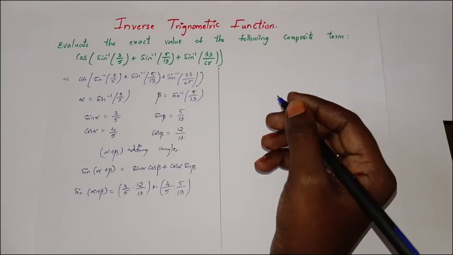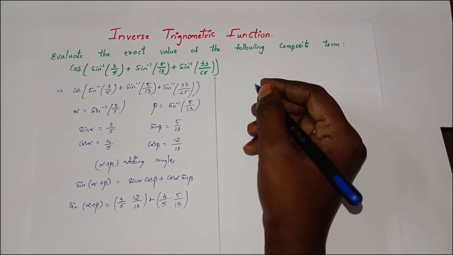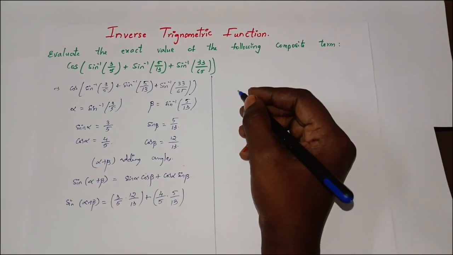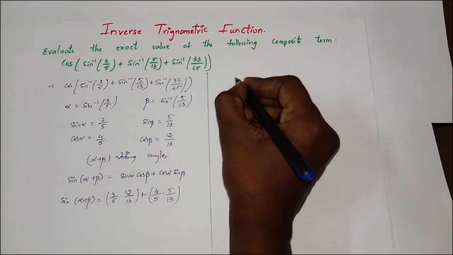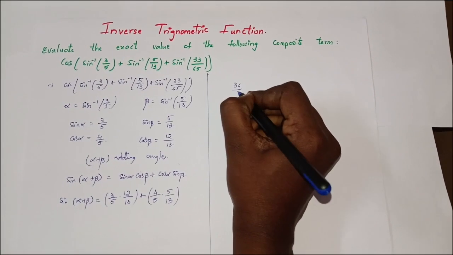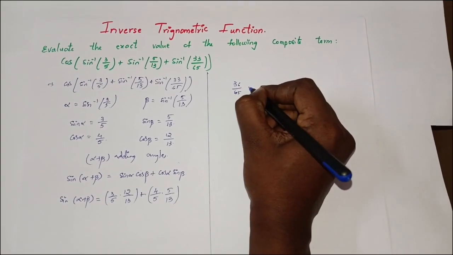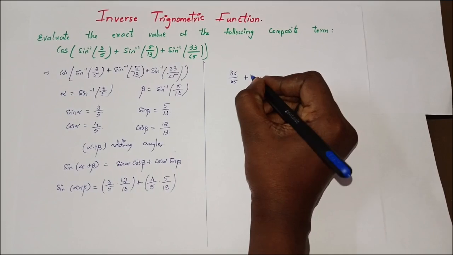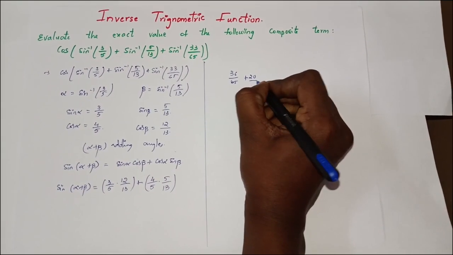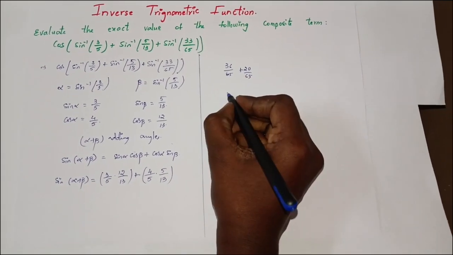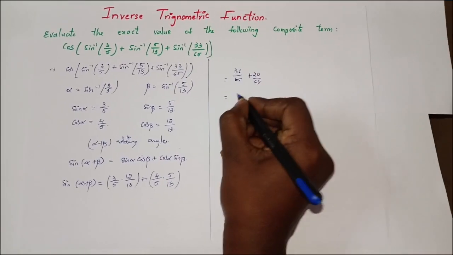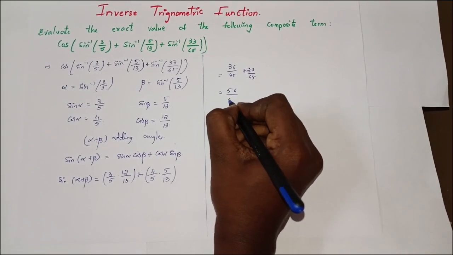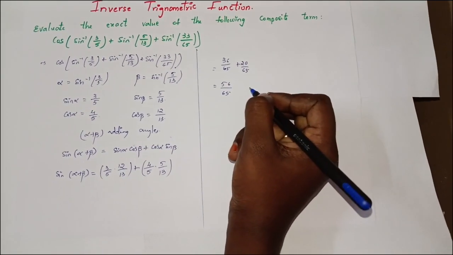So 3 by 5 into 12 by 13 is nothing but 36 by 65, plus 4 by 5 into 5 by 13 is 20 by 65. Now adding both of them, the answer I get is 56 by 65 because the denominator is the same.